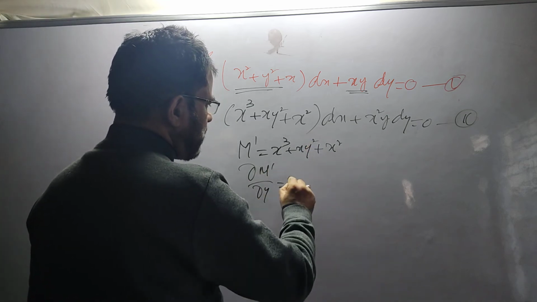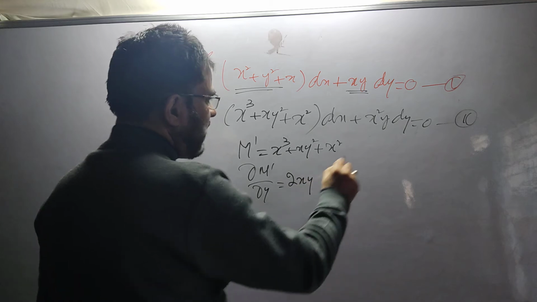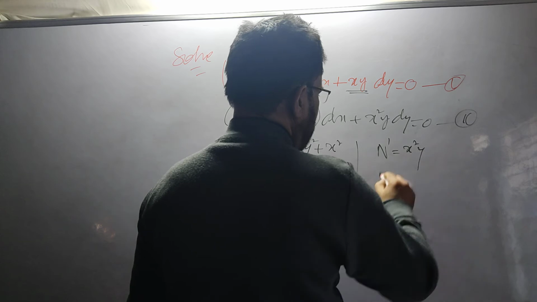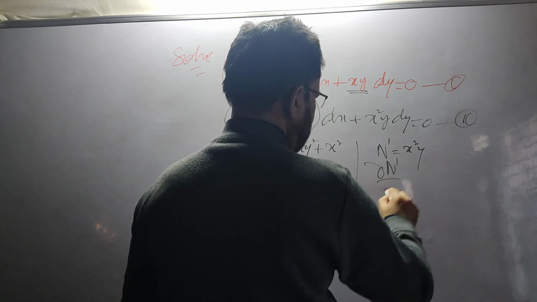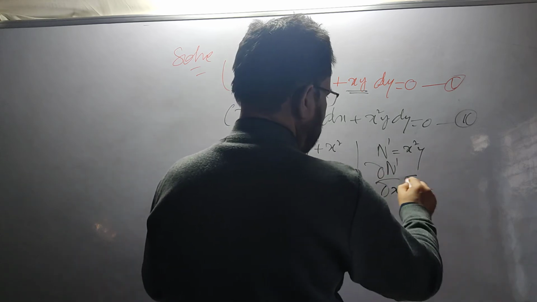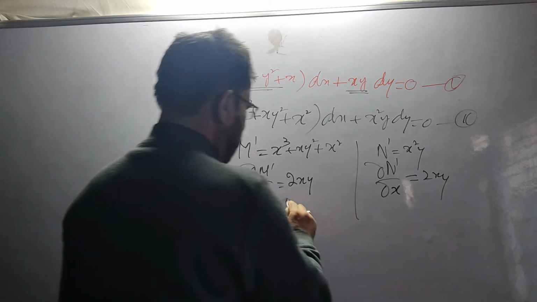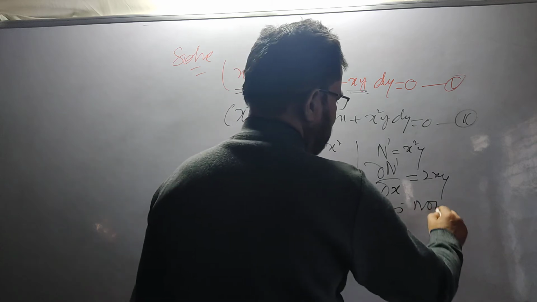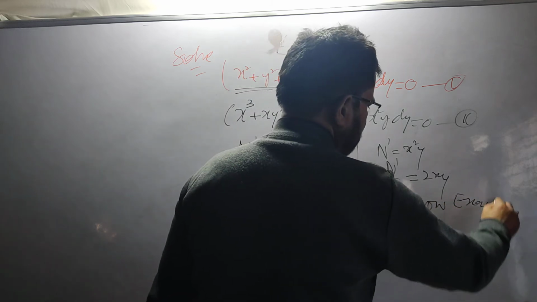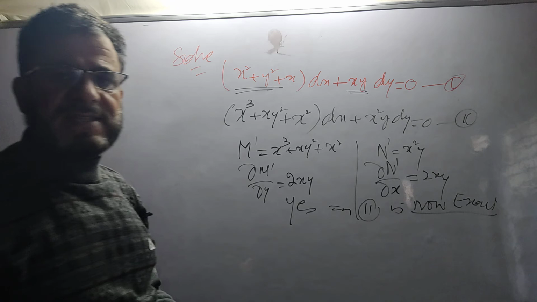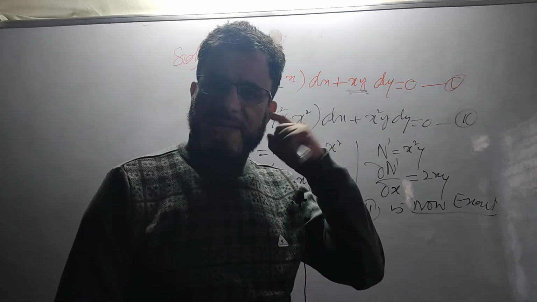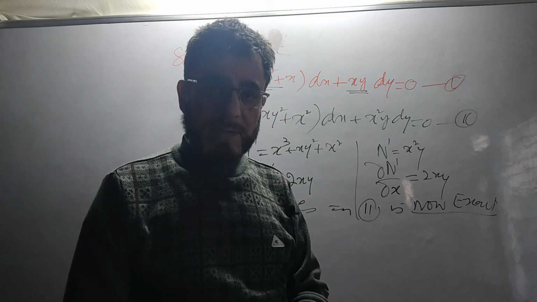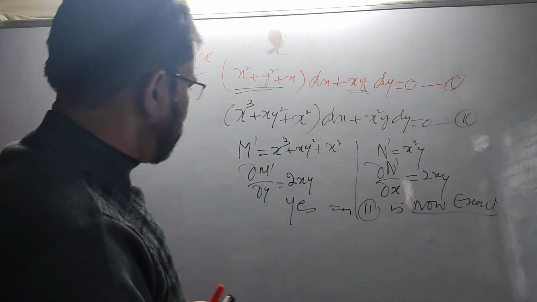This is your 2xy. Then you have n dash. What is n dash? It is x square y. Here you have to take partial of n dash with respect to x. This is y, this is x. It is again 2xy. So you will say yes, equation number second is now exact. The transformed equation is exact. It actually worked here. What? Rule number third worked here.